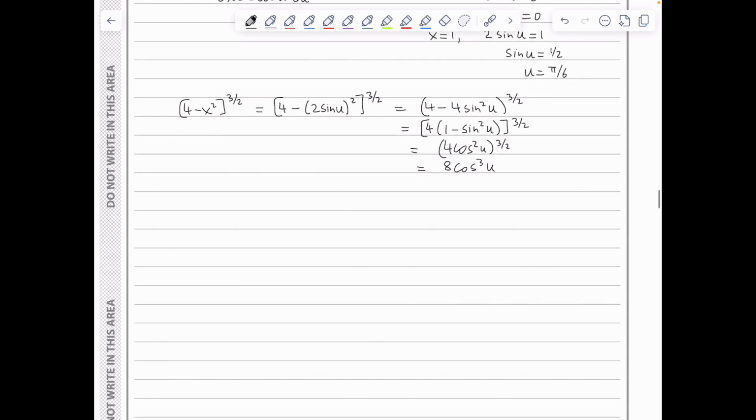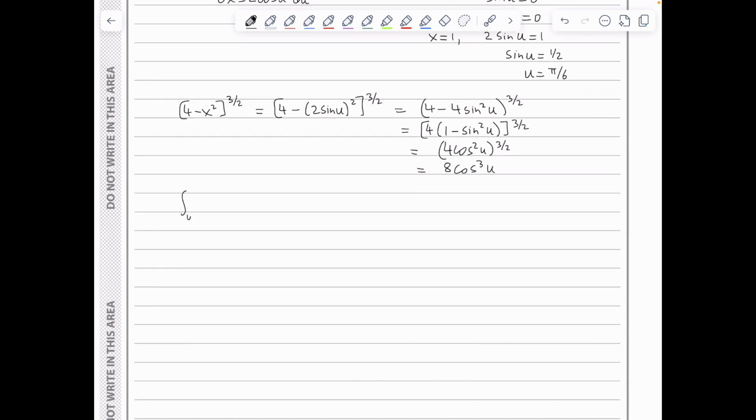So this means we can proceed with the integral from 0 up to 1 of (3x plus 2) over the (4 minus x squared) raised to the power of 3 over 2 dx. And I'll be expressing everything in terms of u. So the new limits are 0 and pi over 6 respectively. Now 3x will be 3 times 2 sine u plus 2.